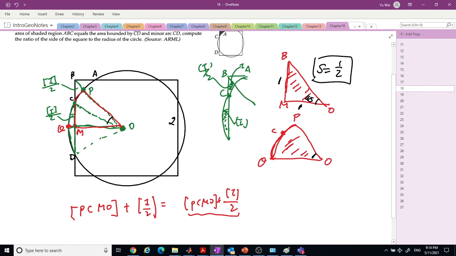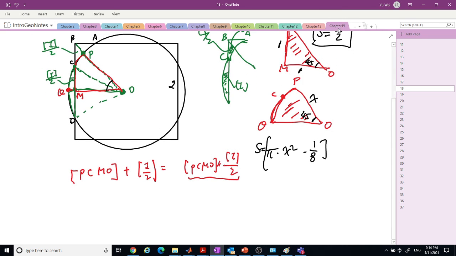You can see this angle is 45. Let's assume the radius is x. So pi x squared is the whole circle, and this is 1/8 of the area. Because these two areas are equal, pi x squared over 8 is equal to 1/2. So now you know x squared is 4 over pi, so x is 2 over square root of pi.